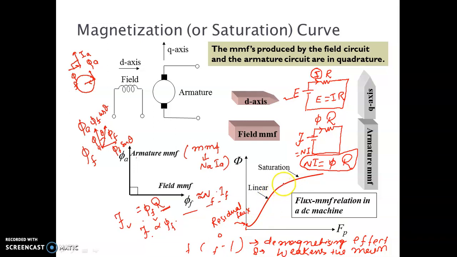But after that, MMF keeps increasing but phi is constant. This value is called saturation. It means you are increasing the current, but the value of flux is not changing. And if the flux is not changing, you know from Faraday's law of electromagnetic induction, E equal to d phi by dt will be 0.